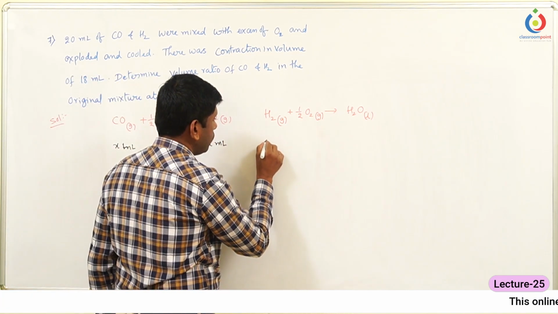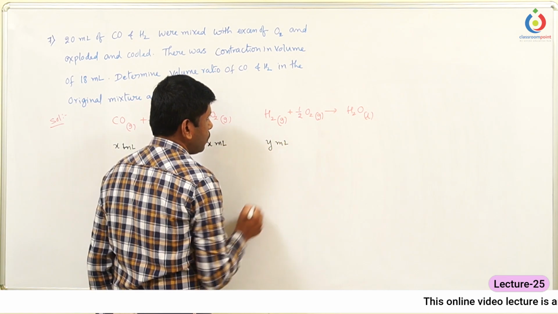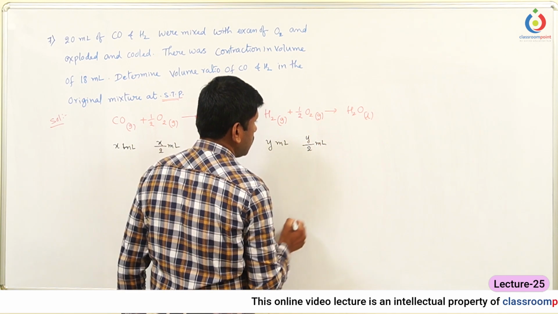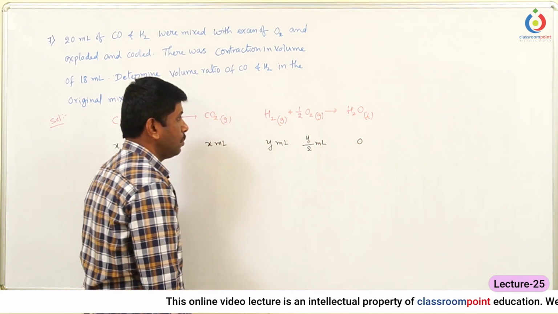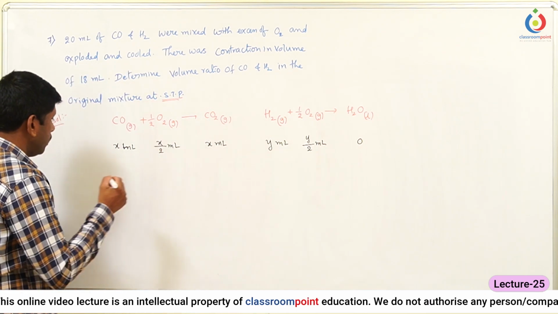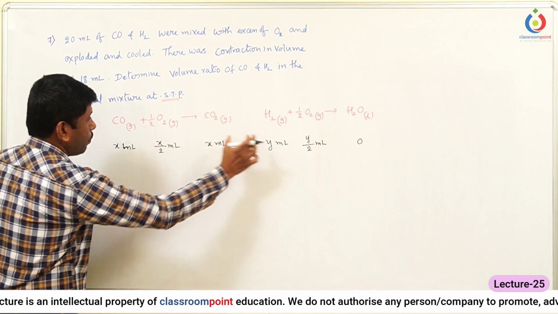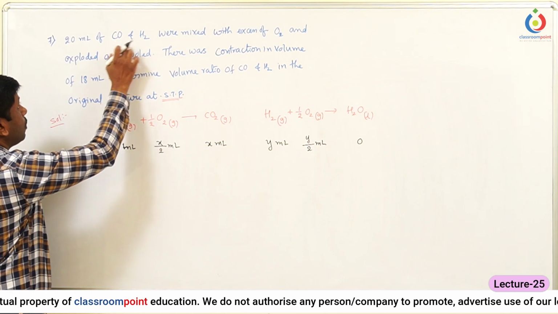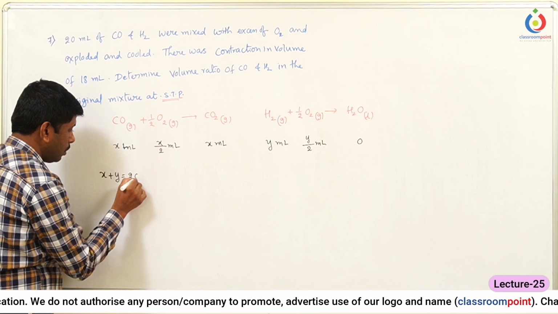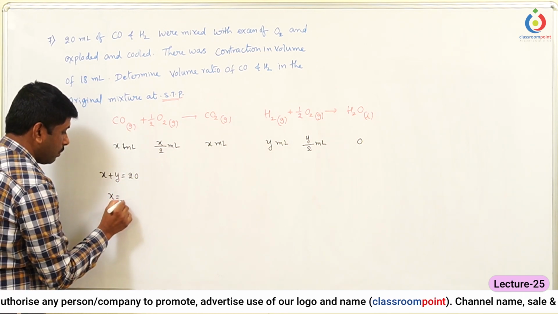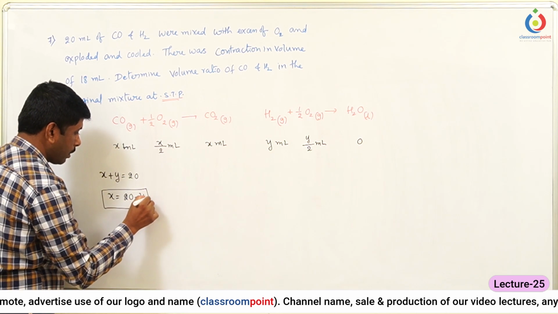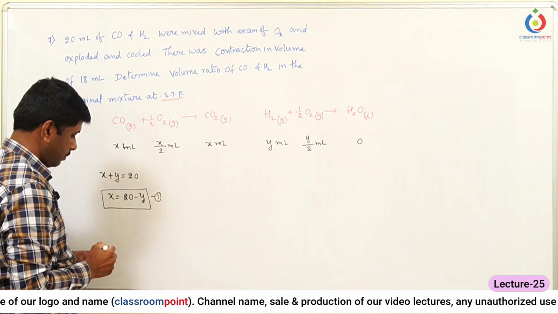Similarly, Y ml of H2 reacts with Y by 2 ml of oxygen, and the volume of the H2O in liquid state has to be neglected. Now the X plus Y value is given as 20 ml, both volumes. So X plus Y is equal to 20, so X equals 20 minus Y. This is equation number 1.